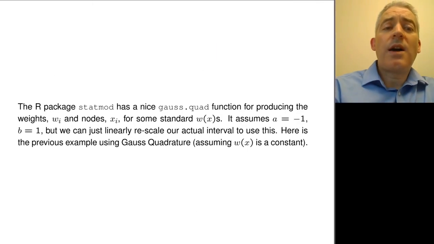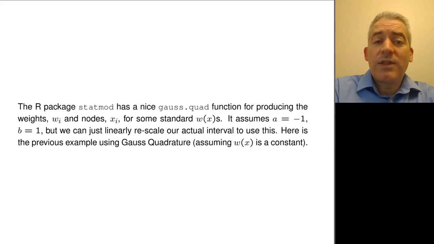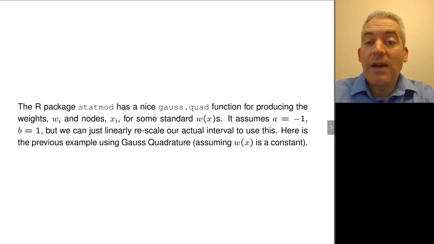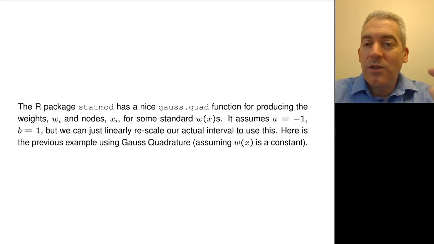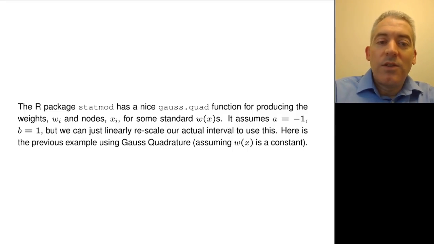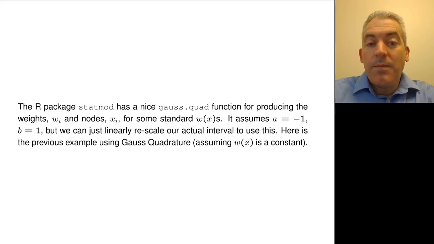So how do we do this in R? Well, it turns out there's an R package called statmod that contains a function called gauss.quad that will give us these weights and nodes. Where these weights and nodes come from is not the topic of this course, but it all comes from polynomial theory.